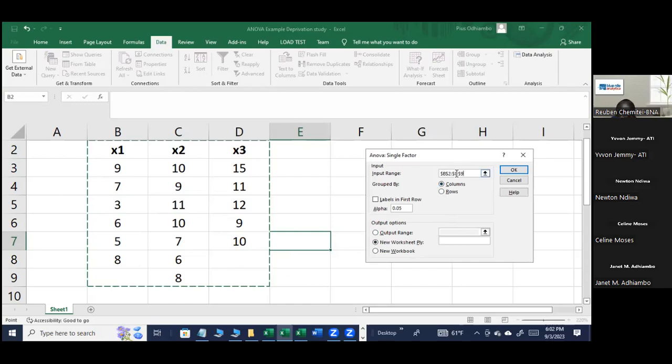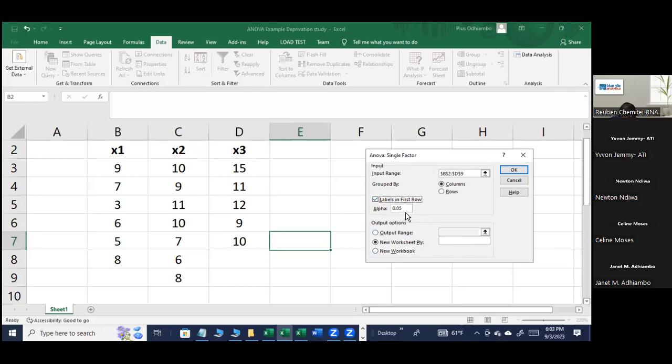In the first row we have X1, X2, and X3, the labels for the different groups. So I have to check Labels in First Row, which means the analysis is not going to include those labels as values. Once I have done that, it is good to go.